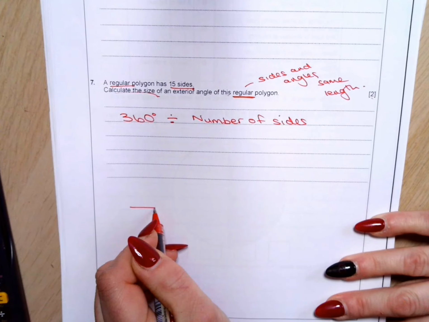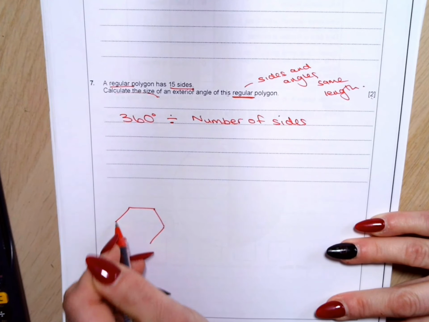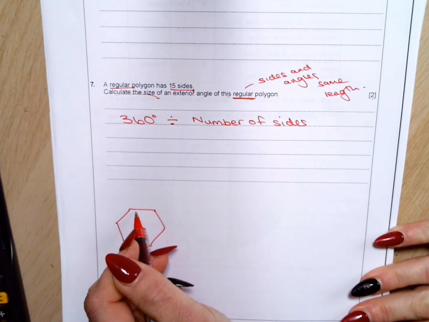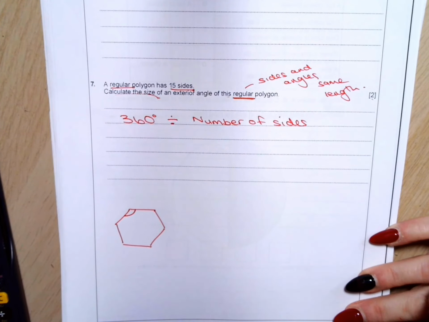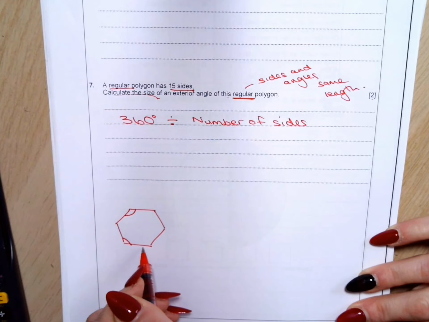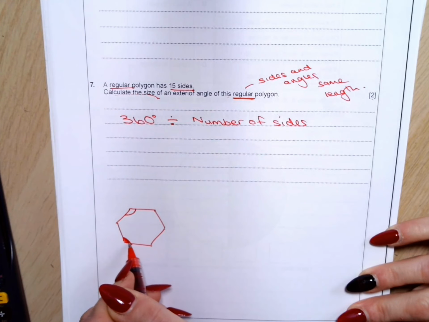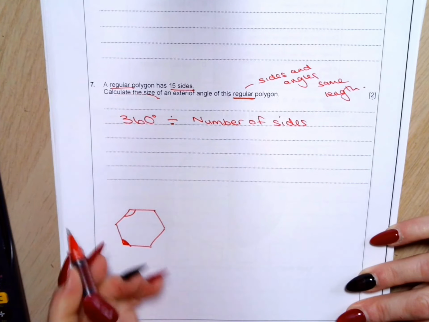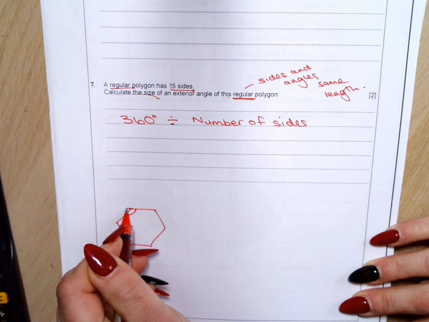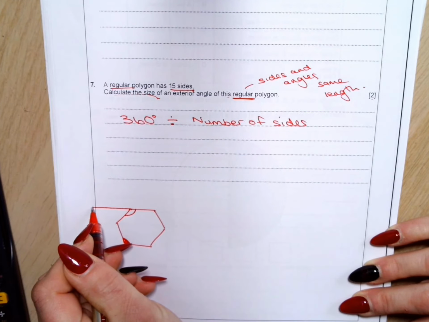So let's say we have a nice rough sketch of a hexagon. Your interior angles are those there, the ones inside the sides of your shape. Your exterior angle is if you were to take each of your sides and carry it on outside the shape.